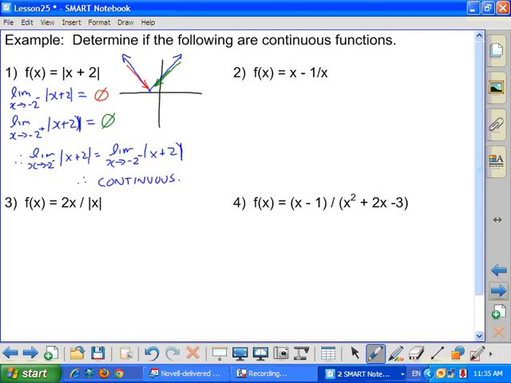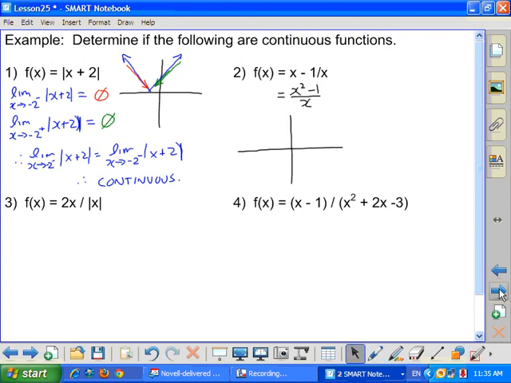Okay, the next function. I want to rewrite it because it's easier if it's one expression. So I need to get a common denominator. Common denominator will be x. So I end up with x squared minus 1 over x. To give myself a sketch, I'll do it down here.